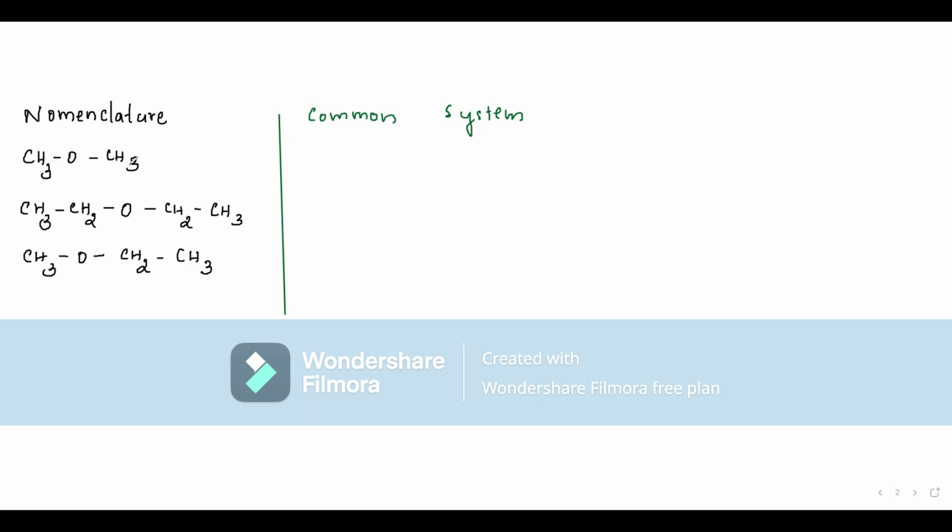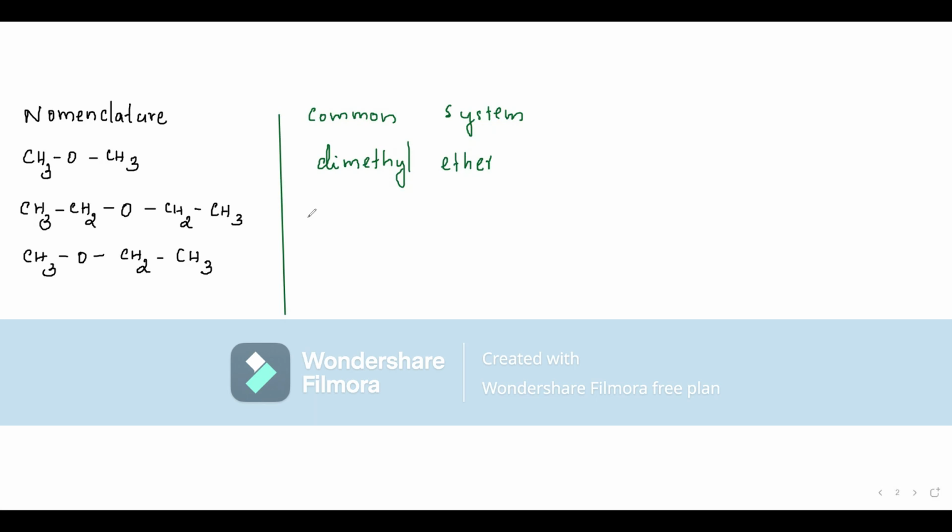Since it is a simple ether, both sides have the same methyl group, so it's named dimethyl ether, because on both sides of oxygen, the functional group, you have the same alkyl group, which is methyl.